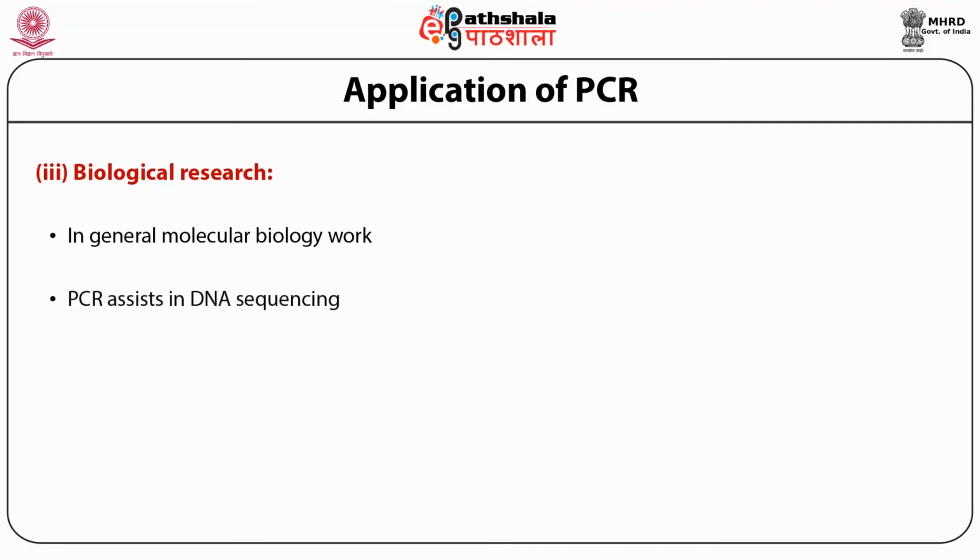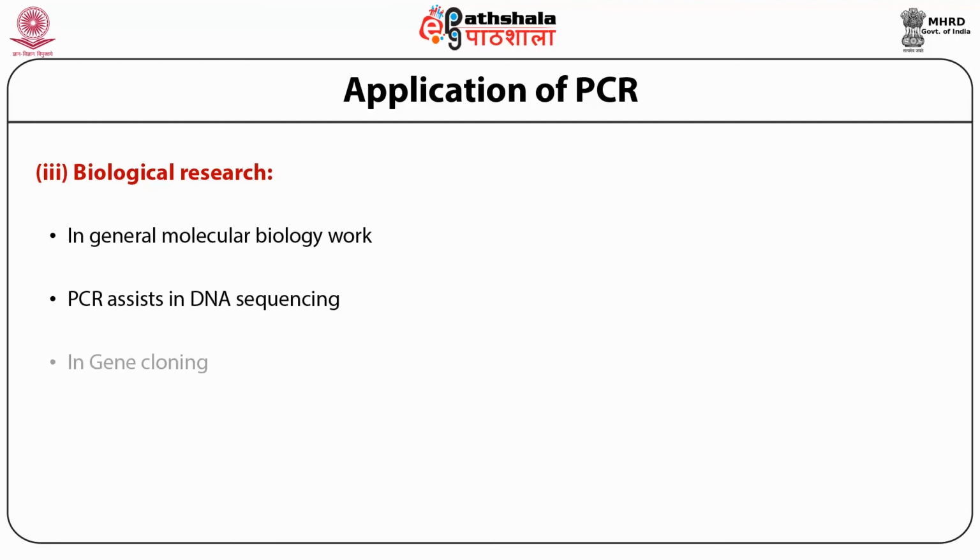PCR assists in DNA sequencing, where we can amplify a particular gene to be sequenced and extract the segment from an unknown individual, or can generate single strand from a region of interest of any genome.